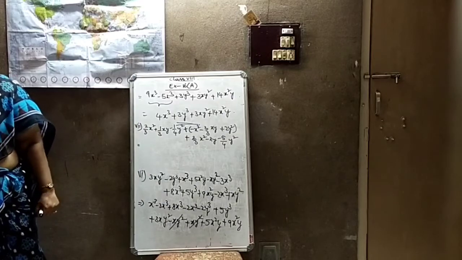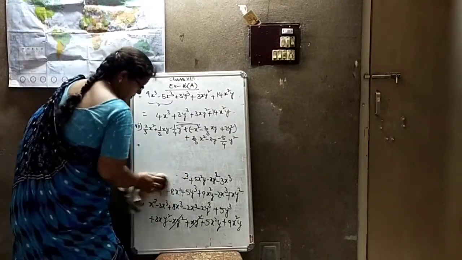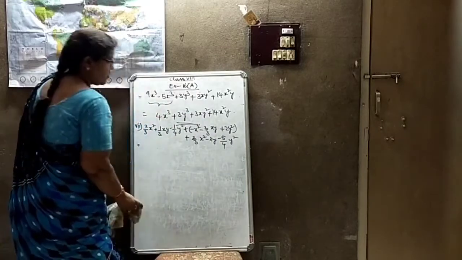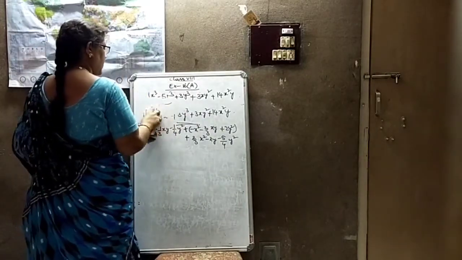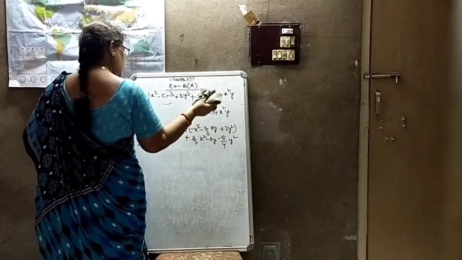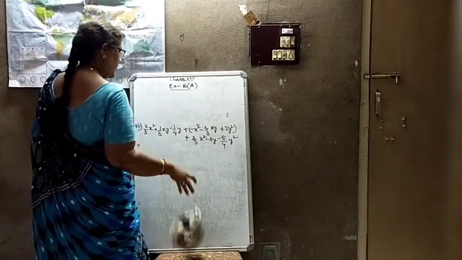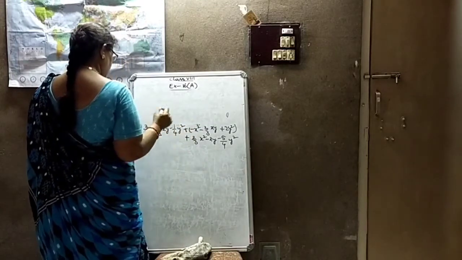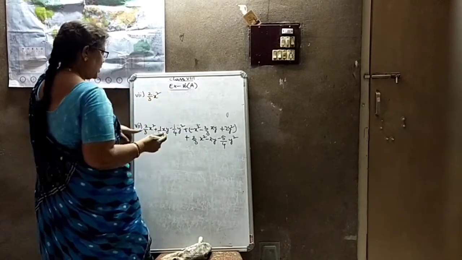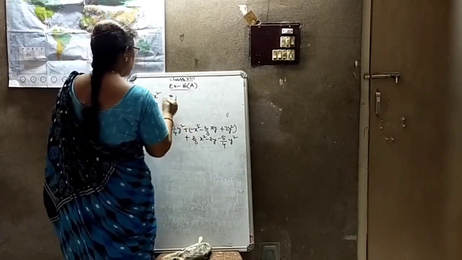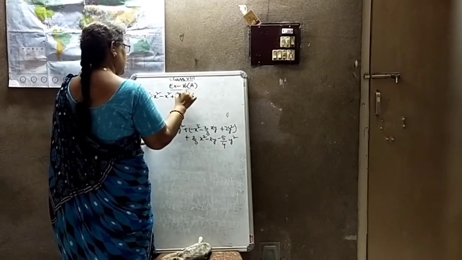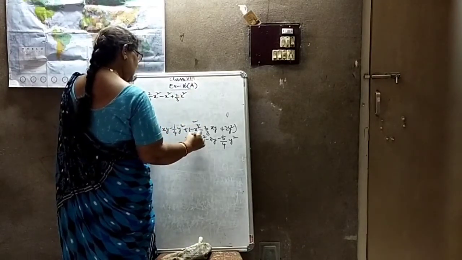Should I write? 2 by 3 x square minus x square plus 2 by 3 x square. This one over, this one over, this one over.